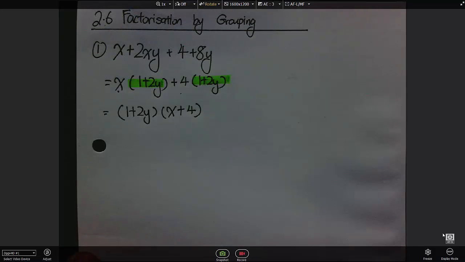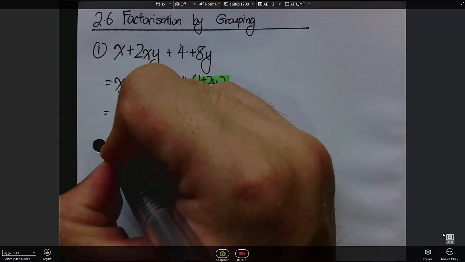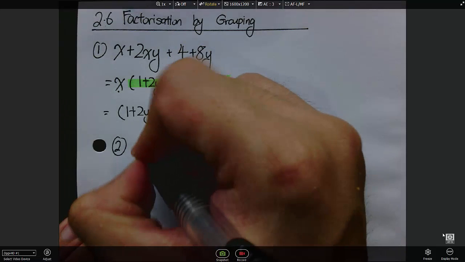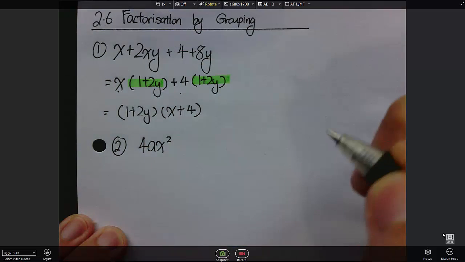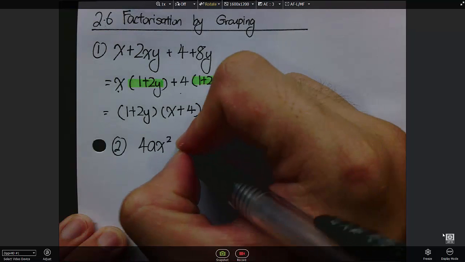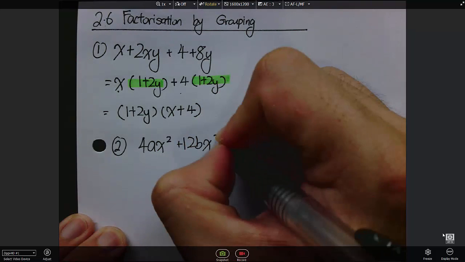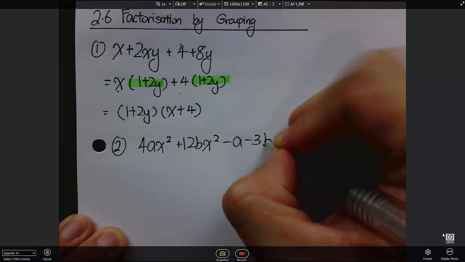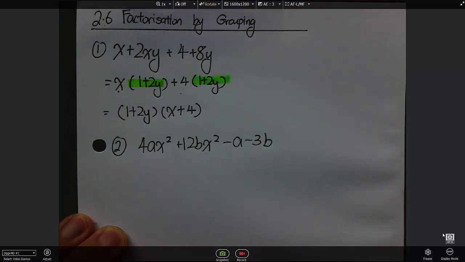Now I move on to the second question. Here, what I have is 4ax squared plus 12bx squared minus a minus 3b. First, I look at the first 2 terms.